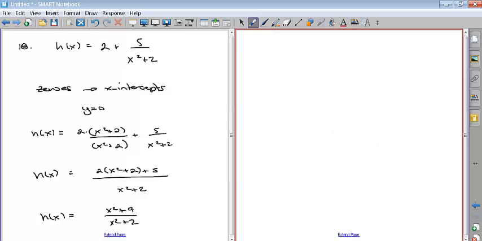Now, if we set the function equal to 0, the only way that can be 0 is if the numerator is 0. So the denominator really doesn't come into play in calculating zeros of rational functions.